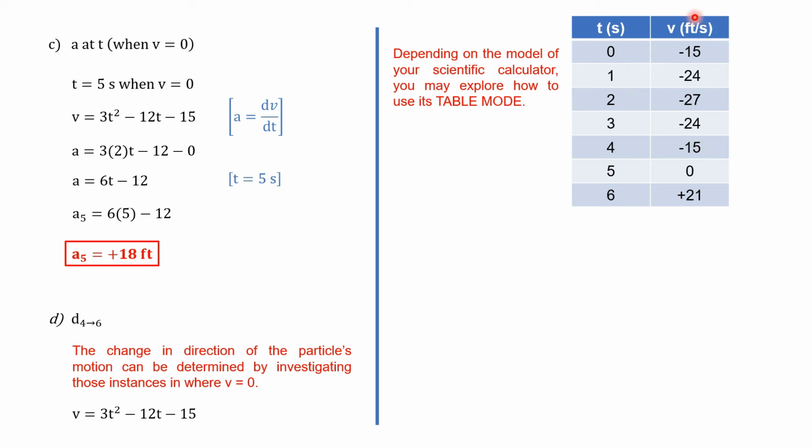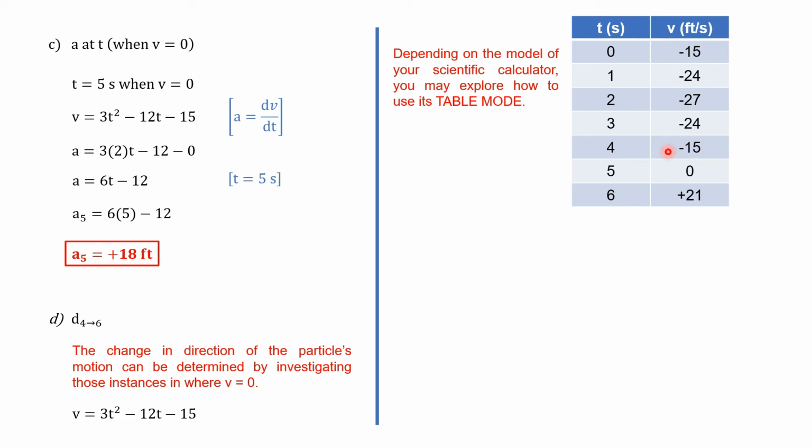Okay, so now class, based sa ato ang nakuha na values, since ang target man nato is distance from 4 to 6 seconds, so investigate nato ang velocity from within 4 to 6 seconds.